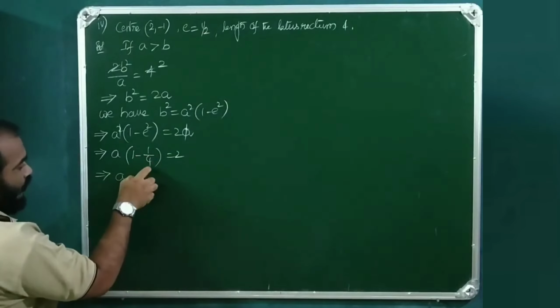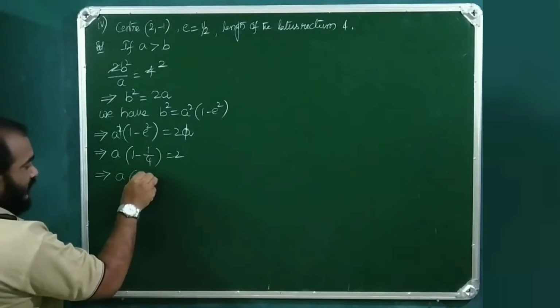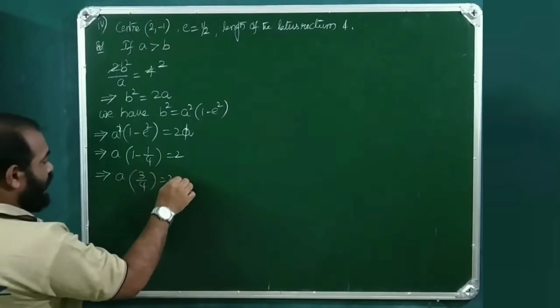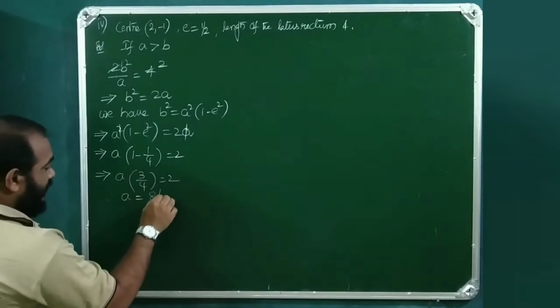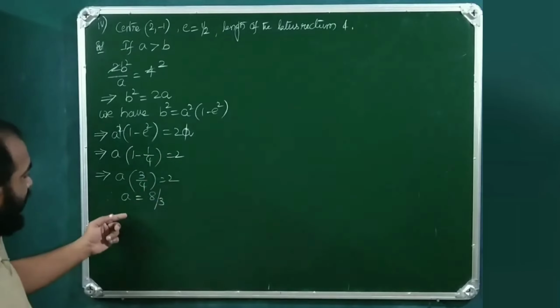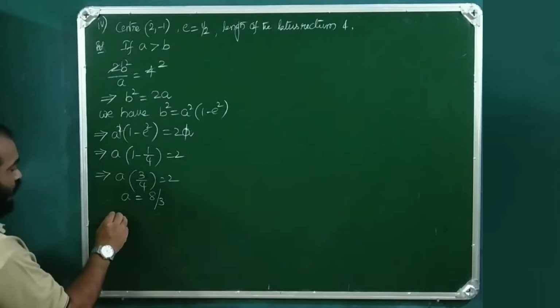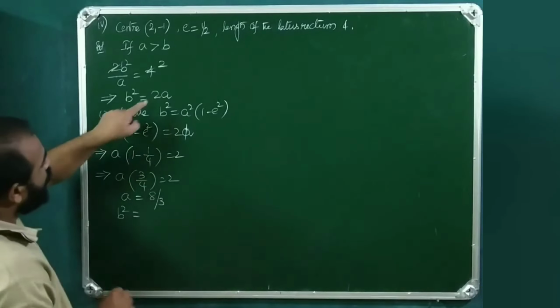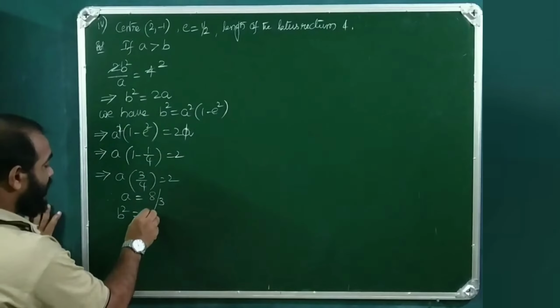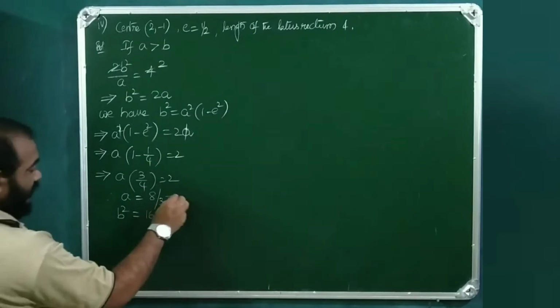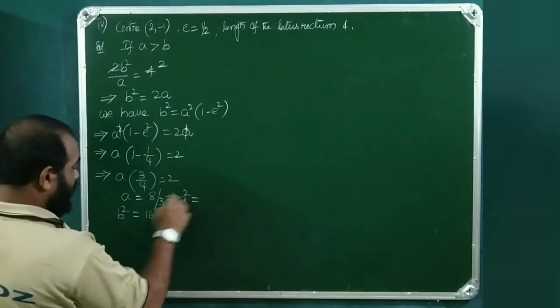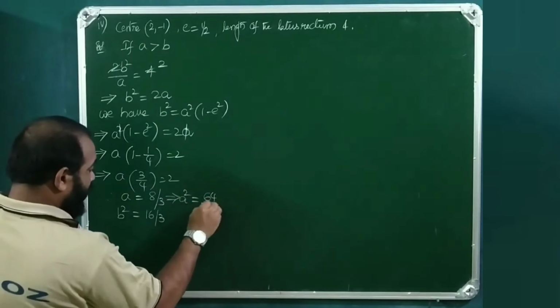So A into (4 minus 1) by 4, that is 3 by 4, equals 2. Therefore, A is equal to 4 twos are 8 by 3. A is 8 by 3. Then B square equals how much? 2 into A, 2 8s are 16 by 3. So from this, A square is equal to 64 by 9.